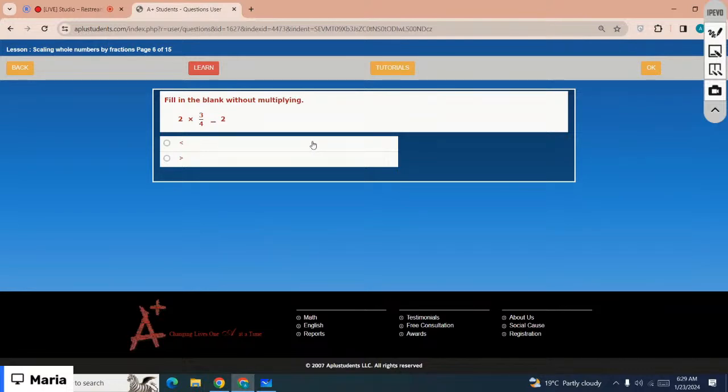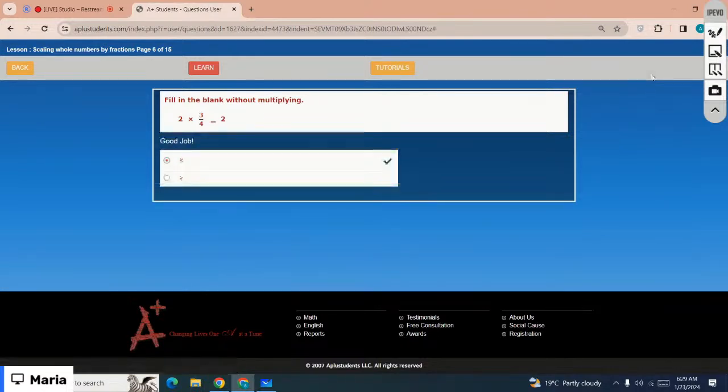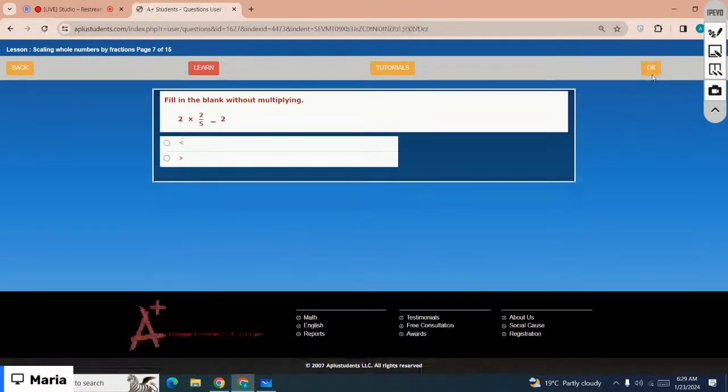Yes, again, that is less than 2, right? 2 times 2/5, you have to compare it to 2. Yes, again, that is less than 2. The correct option is less than.